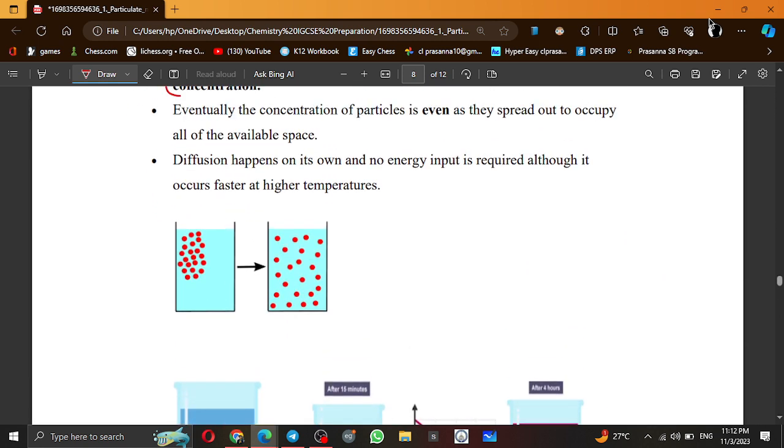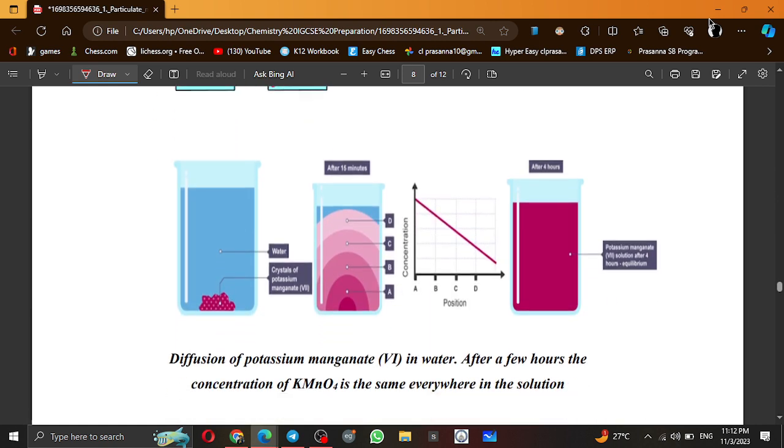So what happens is that, let's say, we have an example. We have many particles at this end of the container, and very few particles at the other end. So these particles will move out until it becomes even, like this. Okay, let me give a proper example. Diffusion of potassium manganate. Potassium manganate is pink-purple in color.